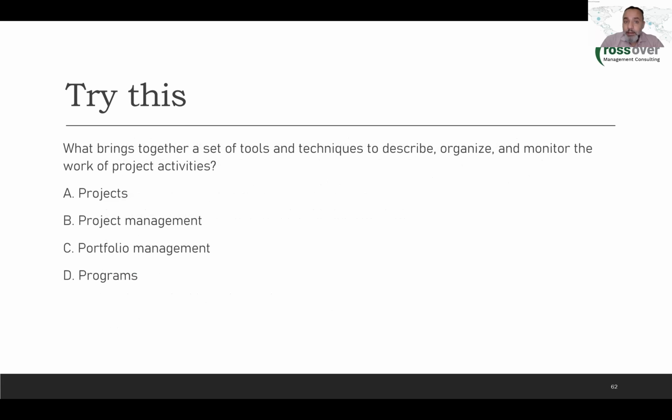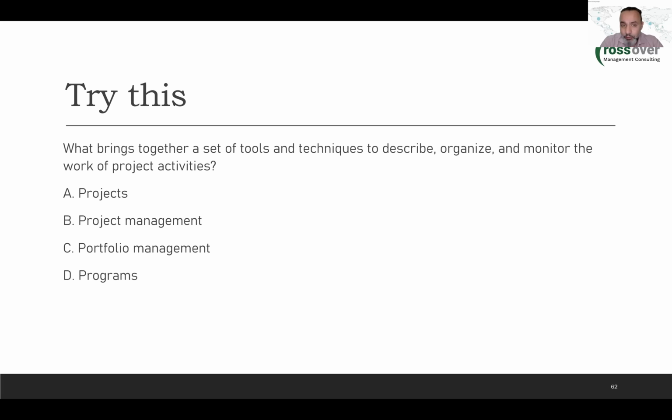What brings together a set of tools and techniques to describe, organize, and monitor the work of project activities? Projects, project management, portfolio management, programs. So what do you call a set of tools and techniques to describe, organize, and monitor the work of project activities?